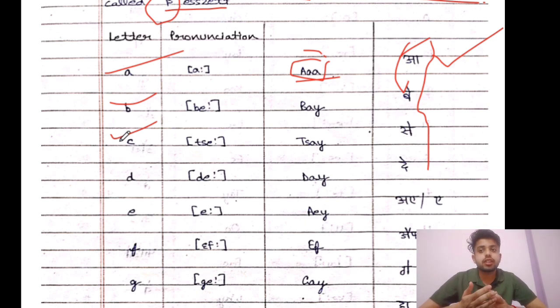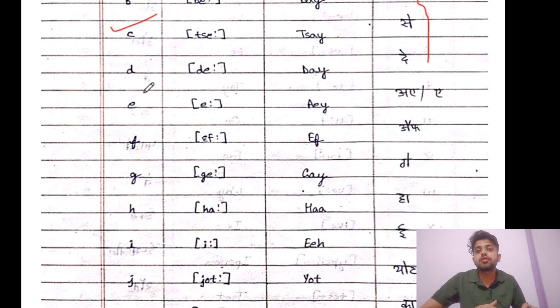Hope you understand. So the third is C, and the fourth one is D, and the fifth one is E.